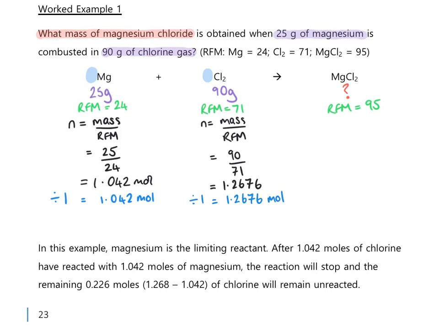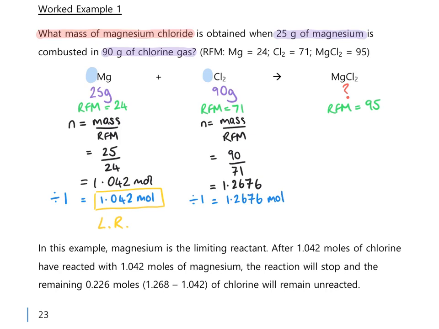In this case, our lower number of moles is of magnesium. So I'm going to put my box around that, and I might even write underneath LR, limiting reactant. That's the one I use to bring over to my magnesium chloride to determine the mass of the product that I form. I always choose the lower number of moles.